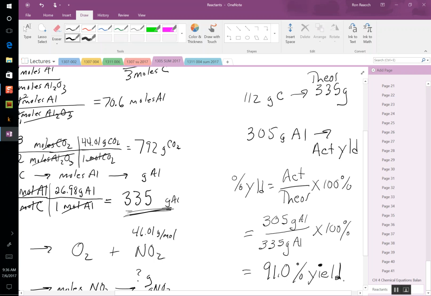Pharmaceutical companies have historically awful yields, okay? They get 5-6% yield. Why? They start out with this raw material, they make this compound, they get all these other side reactions, they have to separate out all those things because this is the compound they really want, the active drug.